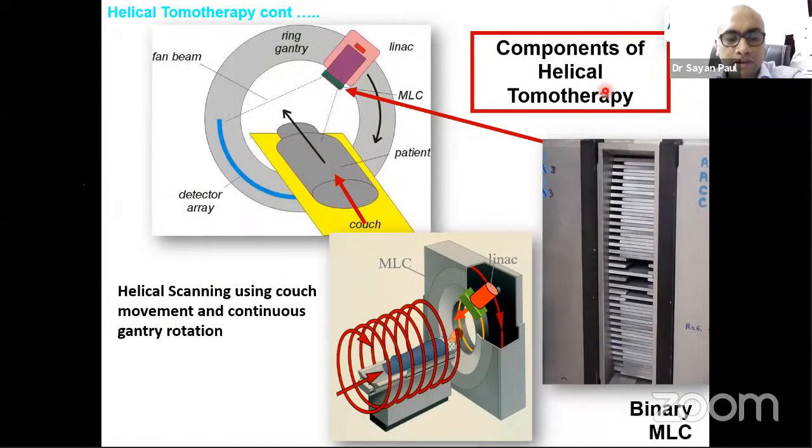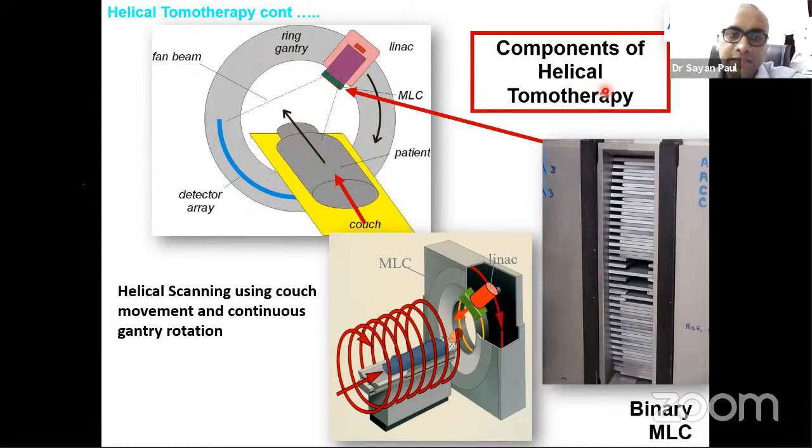The principle of tomotherapy is that there is a linear accelerator attached to a ring gantry which rotates like a CT scan machine. I will confine myself to the imaging part only. From the same linear accelerator, you can take a megavoltage CT scan.